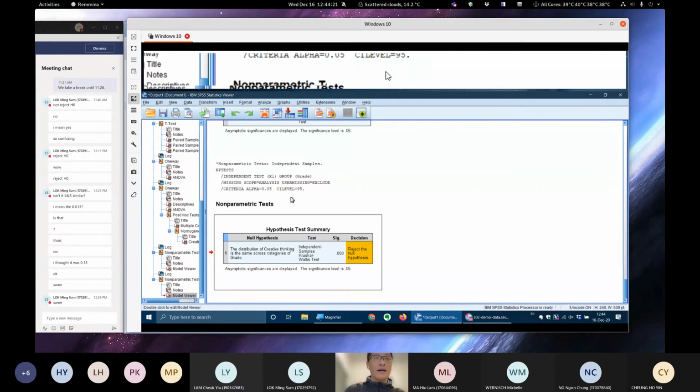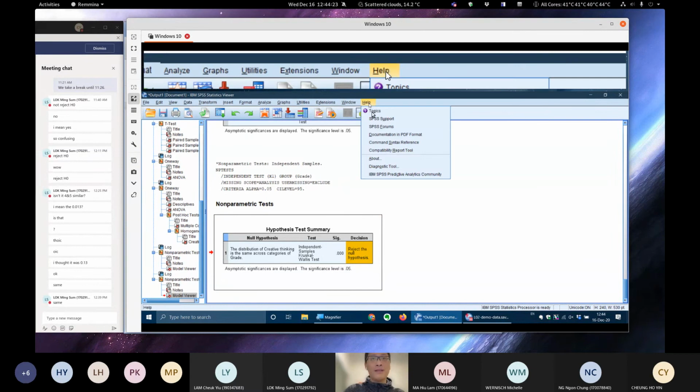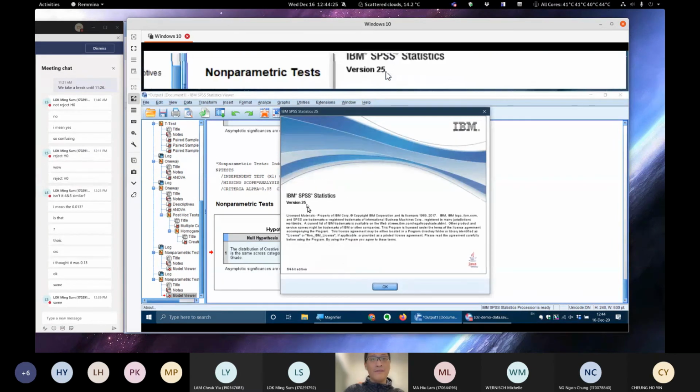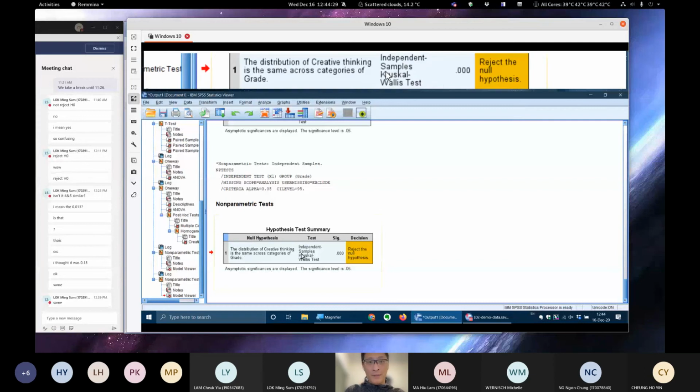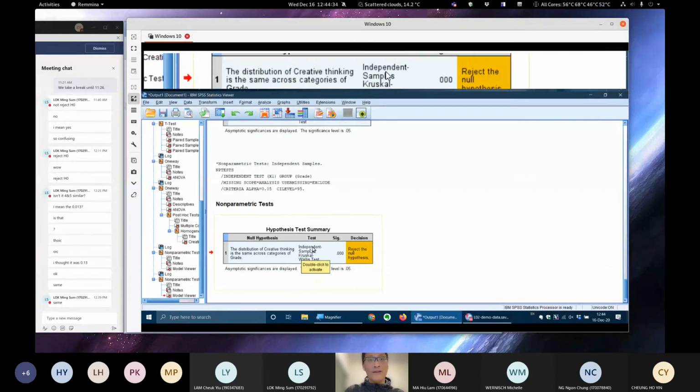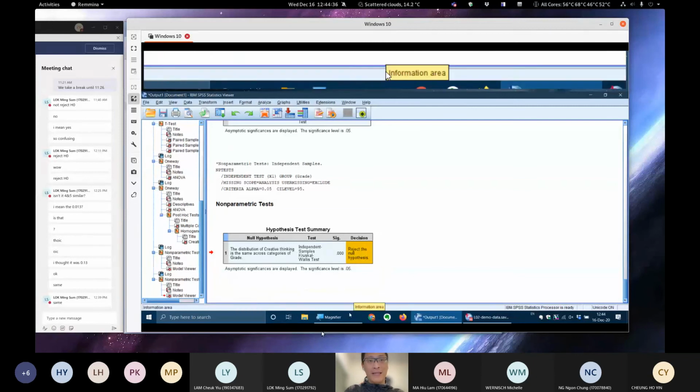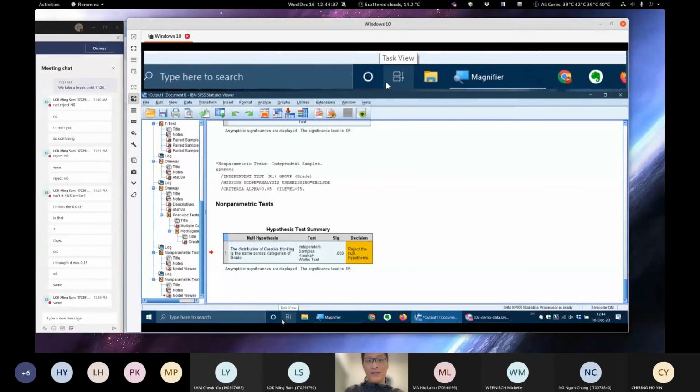Now, for this version of SPSS, version 25, you only have one table. If you are using version 26, you have more tables below that, and one of the tables will show you the post-hoc test result.